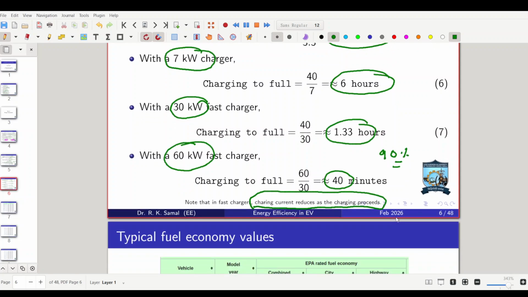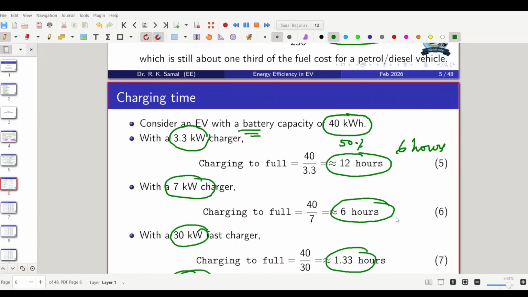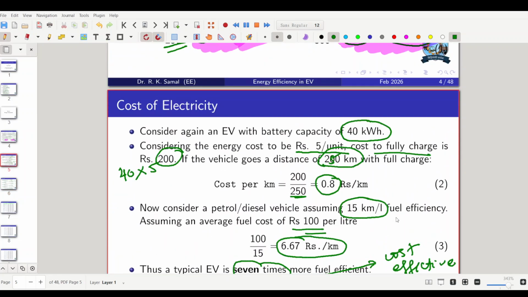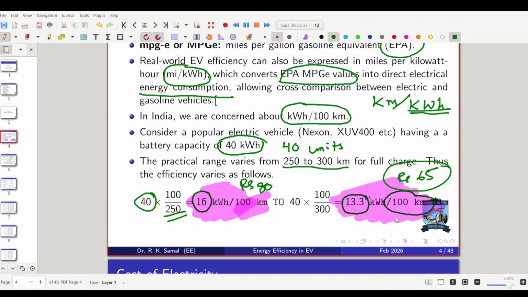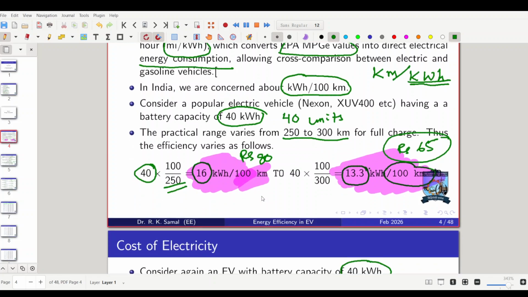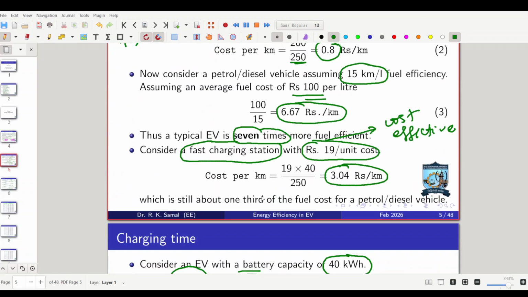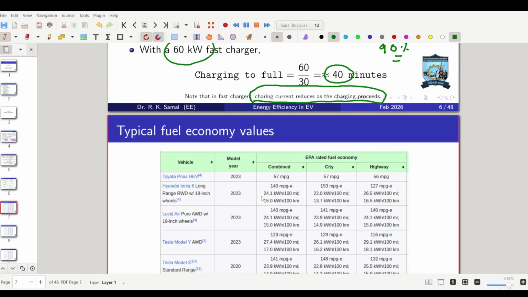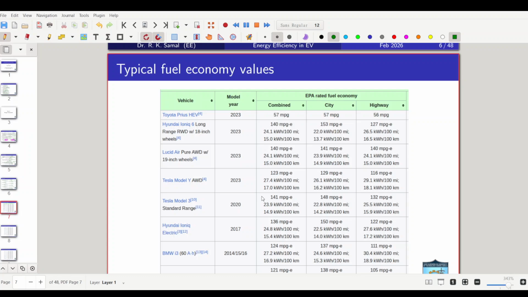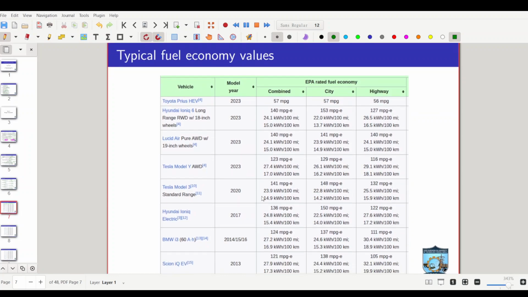Now we know what fuel efficiency we have found out. For our popular vehicles, the efficiency is around 16 kilowatt hour per 100 kilometer, or 13.3 units per 100 kilometer. Now we will compare the EVs we are using with those available throughout the world, which have been available for many years. I got this data from the internet, from Wikipedia.